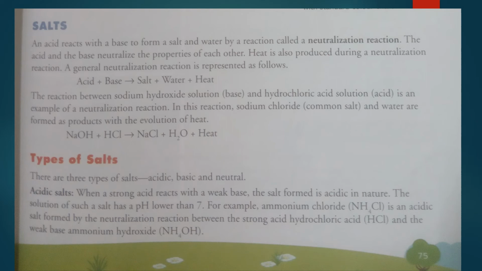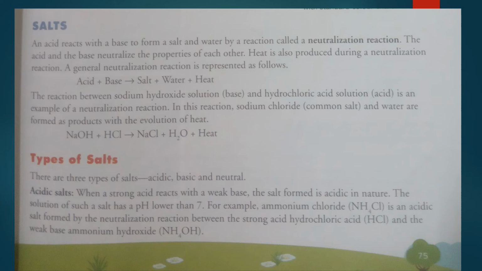For example, ammonium chloride is an acidic salt formed by the neutralization reaction between a strong acid, hydrochloric acid, and the weak base, ammonium hydroxide. So remember, salt may be acidic, basic, or neutral.